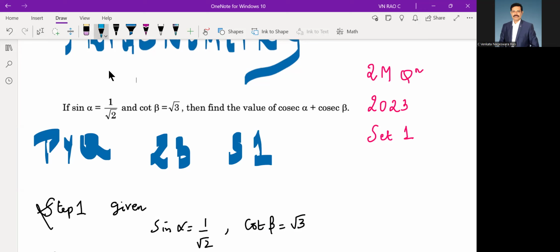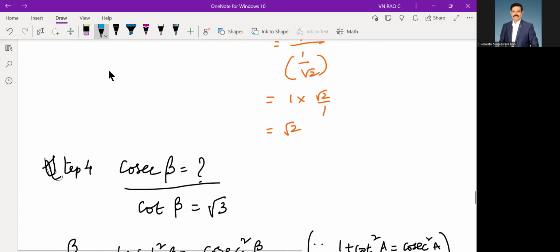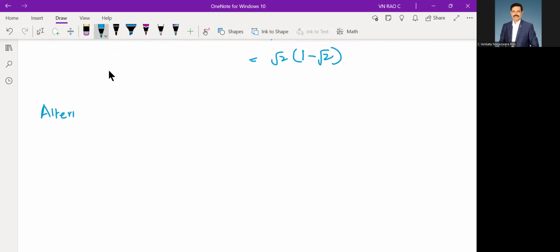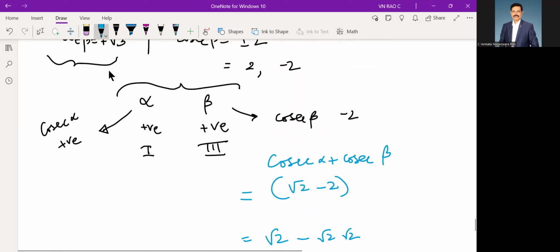How do we solve this problem the other way? The alternative way, let us go without identities. In the above justification, if alpha and beta are in the first quadrant, my answer will be root 2 plus 2.